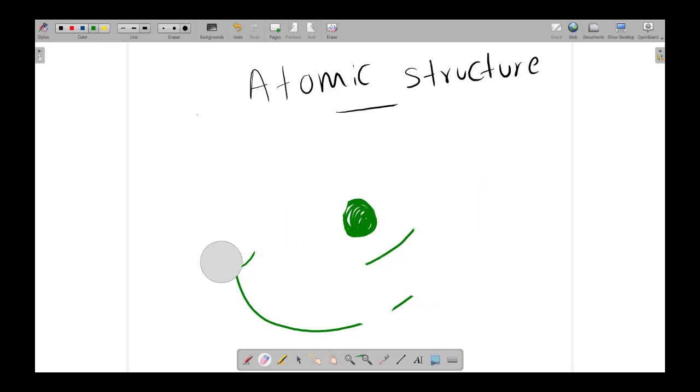That was Niels Bohr's atomic structure, which is about electron shells, atomic shells. So it's a shell model. According to this model, he proposed that the nucleus is in the middle. No problem.